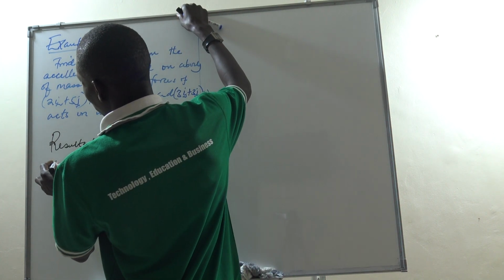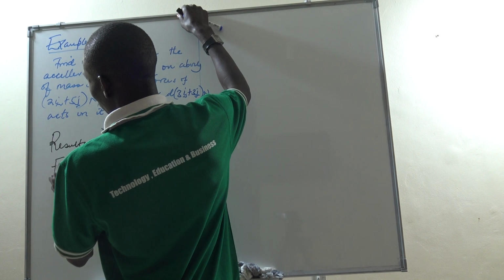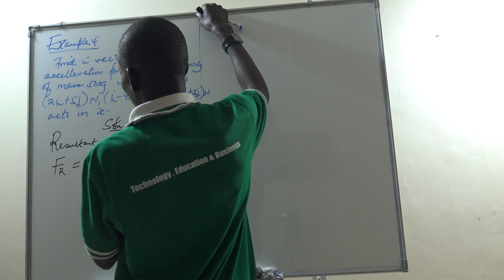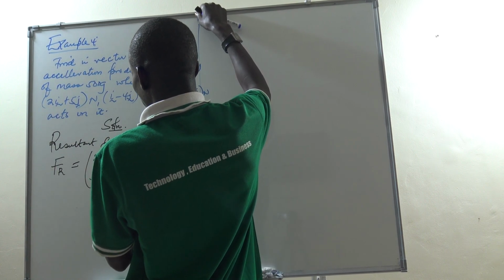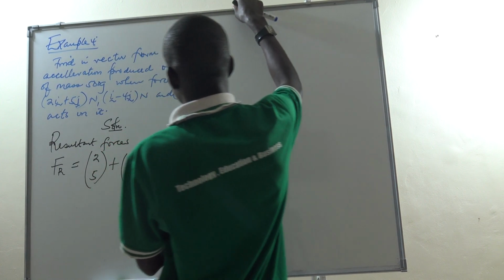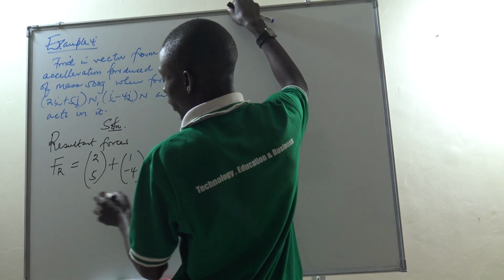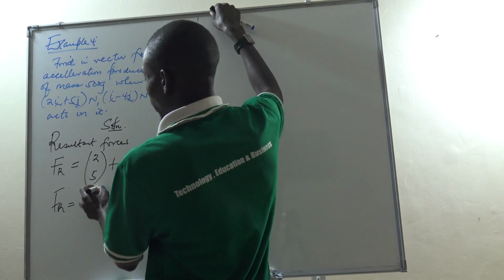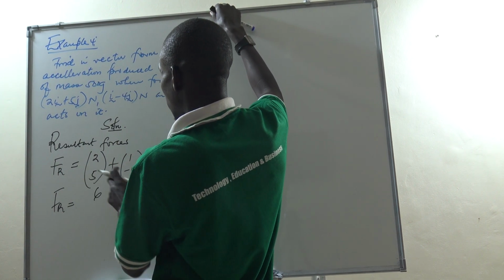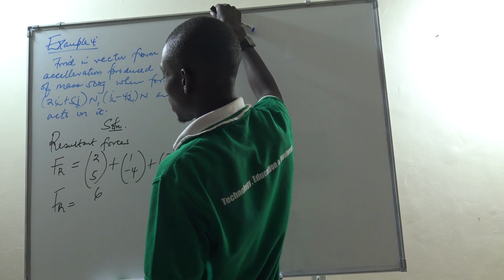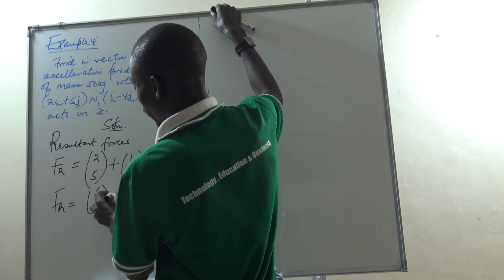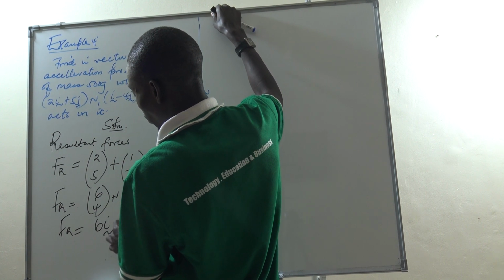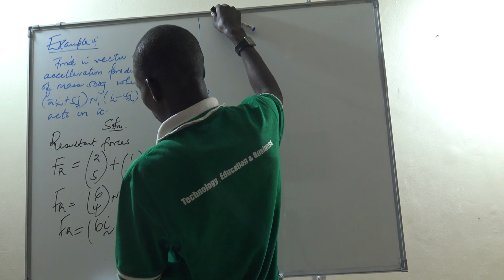So the resultant force here equals 2 and 5, plus 1 and negative 4, and then plus 3. And that tells us that the resultant force will be 6 and 4 newtons. So my resultant force is 6i plus 4j newtons.